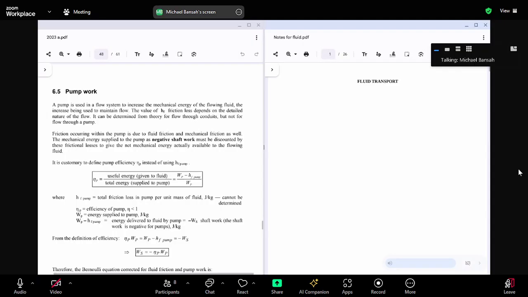Yesterday we looked at the Bernoulli equation. We looked at mass balance. Today we want to intensify a little on the Bernoulli equation and look at it around pumps.